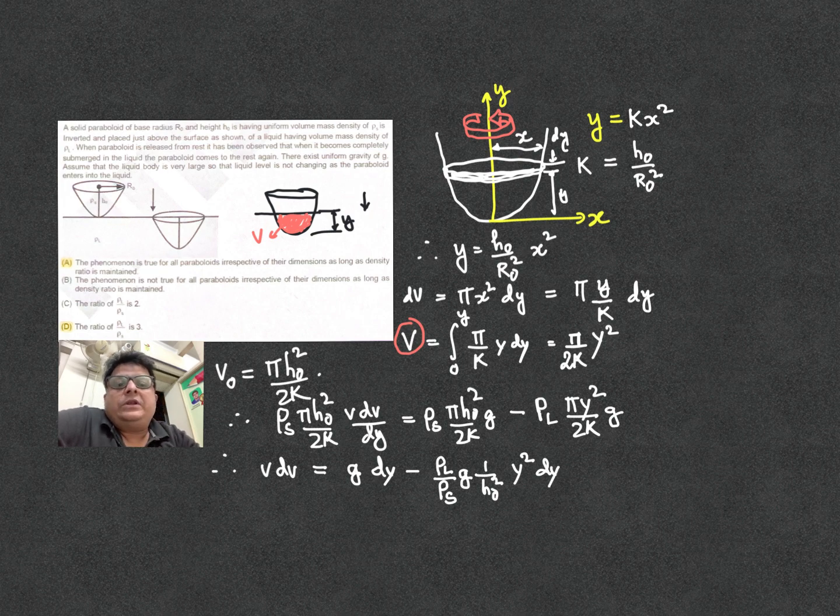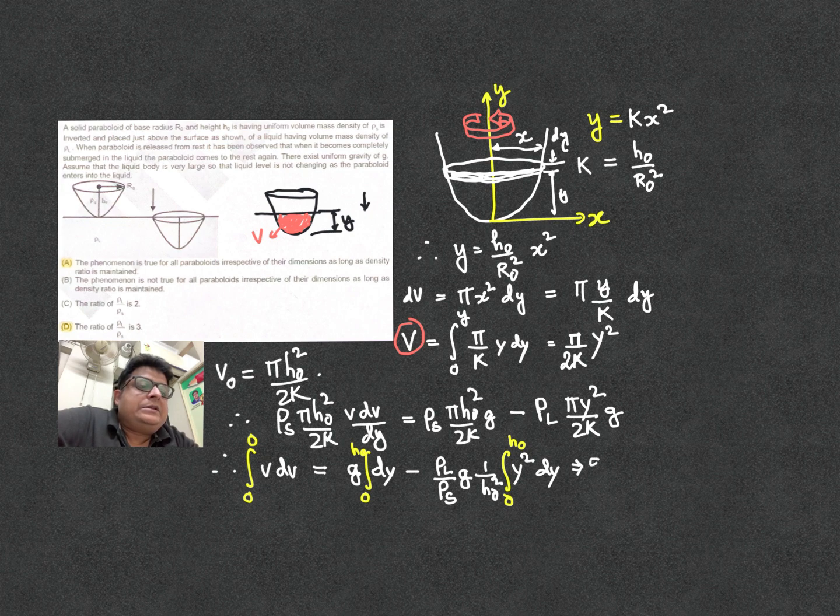Now we can integrate it. It starts from rest, so when velocity is 0, y is 0. And it comes to rest when completely submerged, so y is equal to h naught, and the velocity integration limit becomes from 0 to 0.